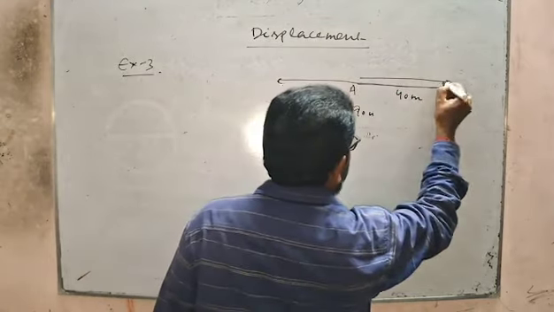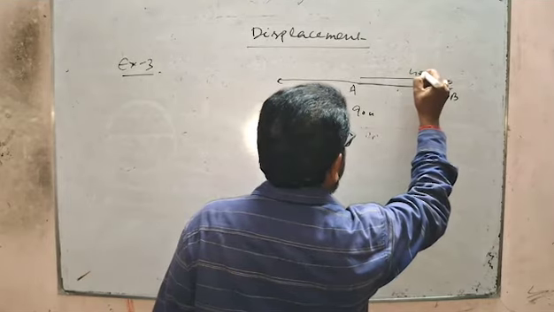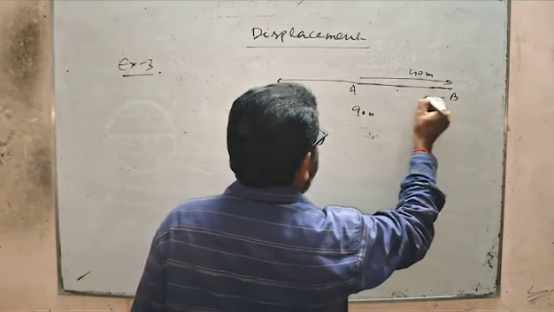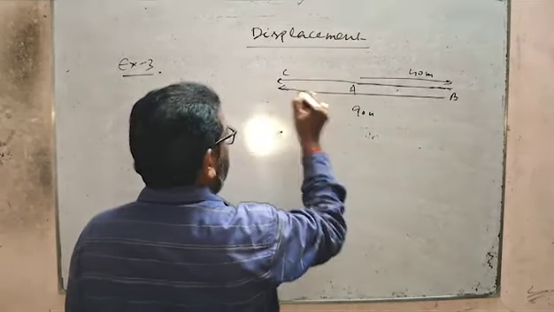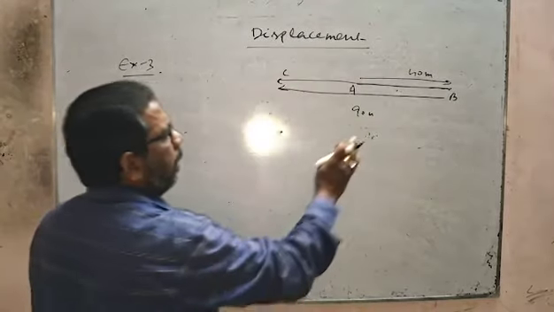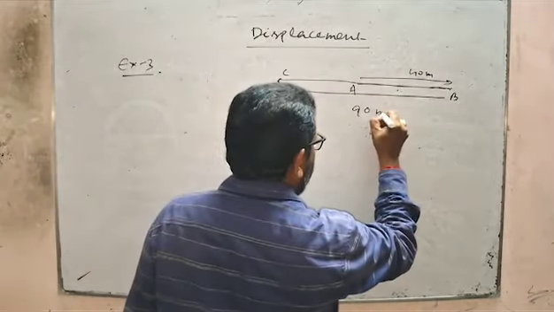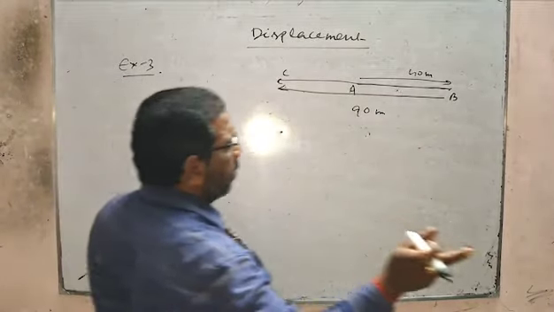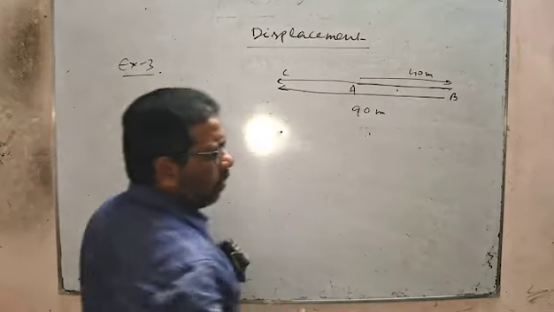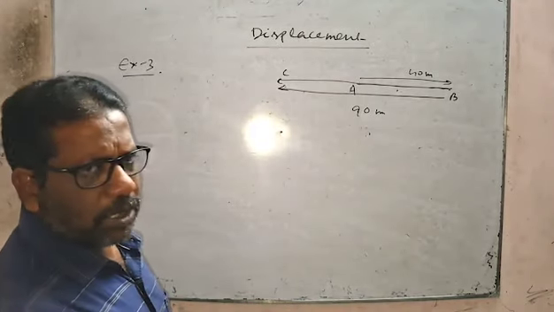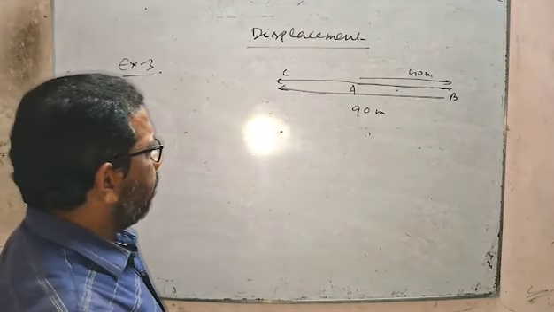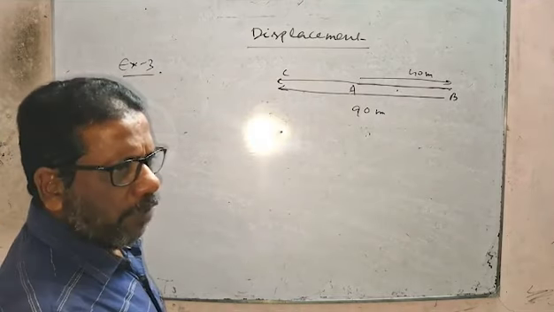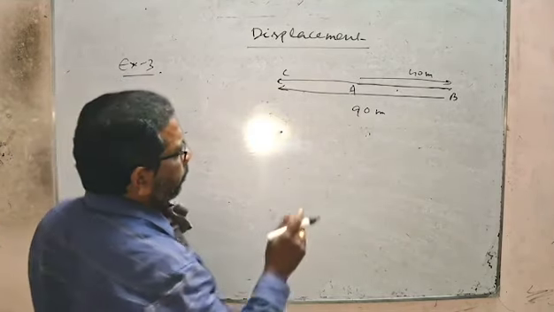A to B is 40 meter and B to C 90 meter. In this case, we will find distance and displacement. Total path covered by the body is called distance, and the shortest distance between the initial position and the final position of the body is called displacement.